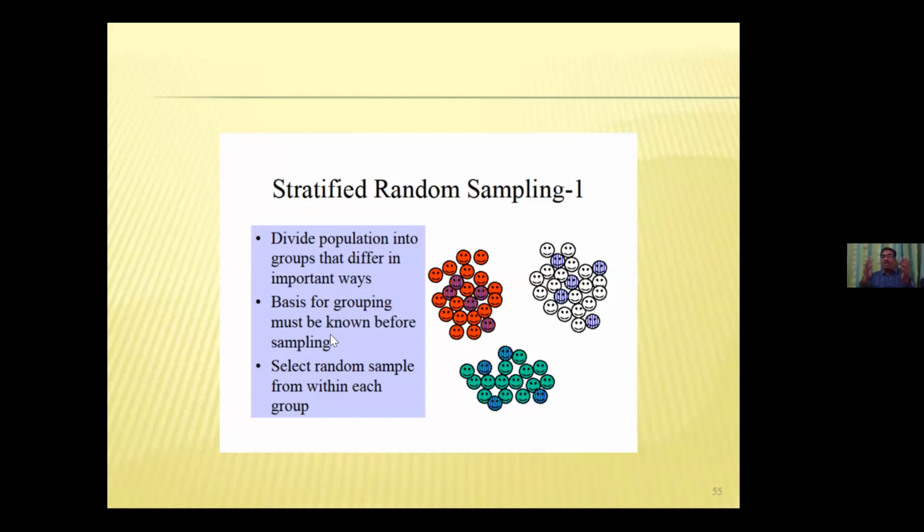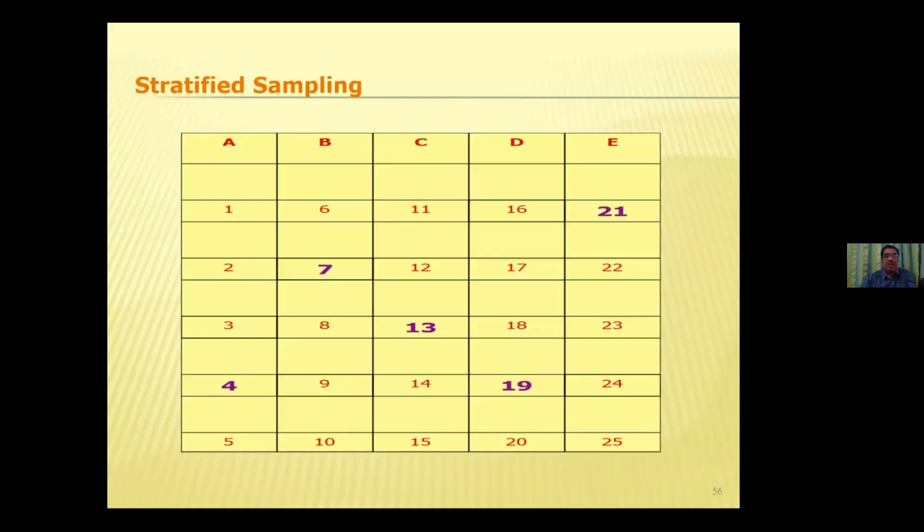For example, what could be the strata? Middle class, low class, high class may be one of the strata. Individual customer or business customer may be one of the strata. Male or female may be one of the strata. Let's take stratified random sampling with A, B, C, D, E. When you administer the stratified sampling method, you should collect data from respondents in each.